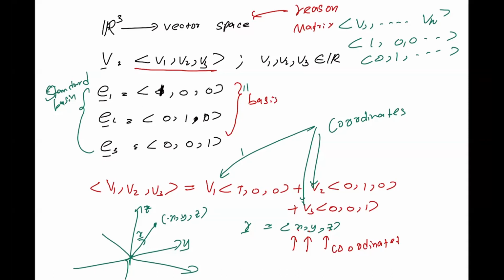You don't need to think much about the dimension. It means you take any vector space, you can find a set of vectors which can be used to represent any vector in your vector space as a linear combination of those vectors. And the coefficients of these vectors, if you write them as an expression, you call coordinates. These are very useful in vector transformations. Up to now, is it clear?